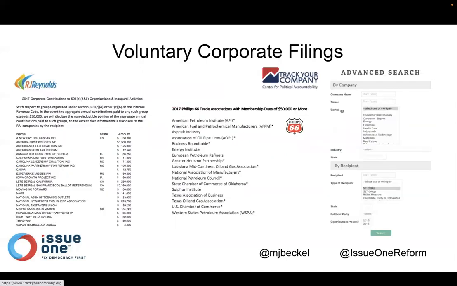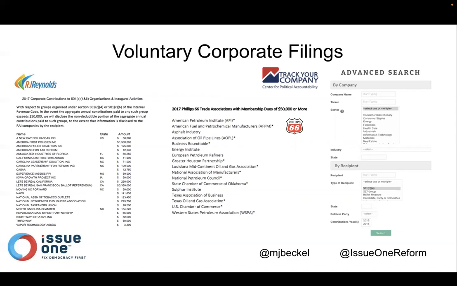As I mentioned, in addition to the corporation, the labor unions have rules, nonprofits have rules, and companies more and more have been pushed to make voluntary rules about what information they're disclosing to shareholders and to the public about their political giving that they don't necessarily have to report to the FEC or to a state campaign finance regulator.